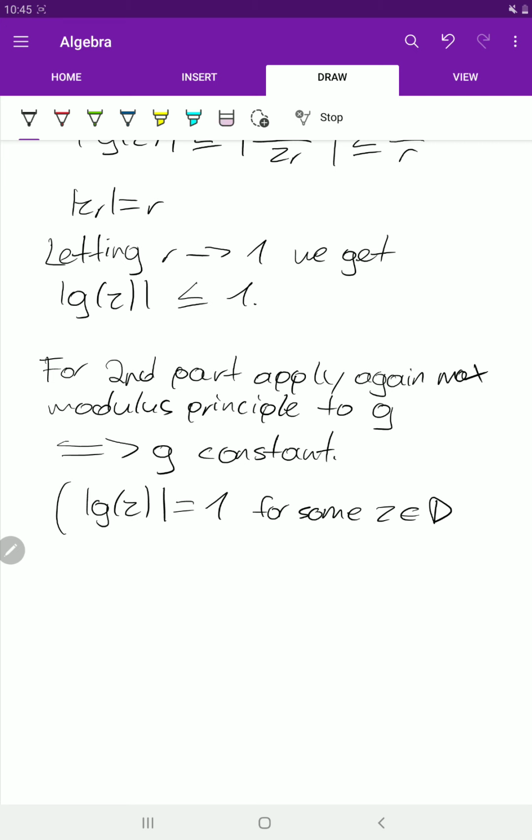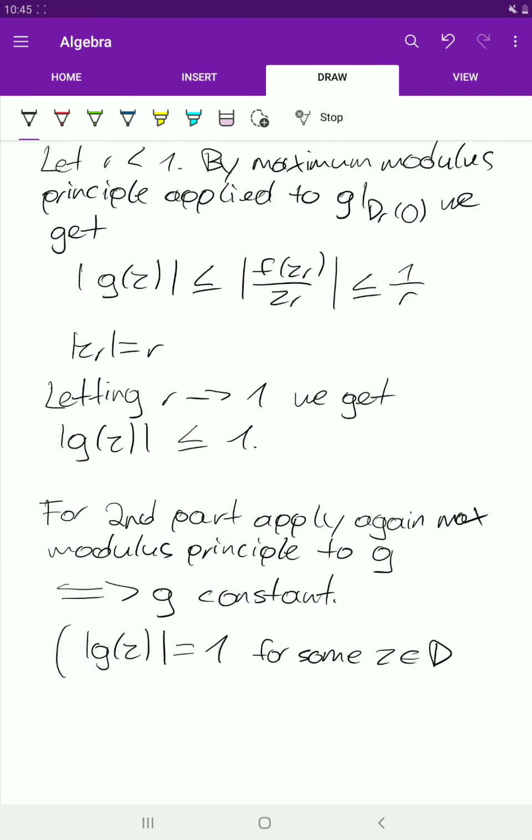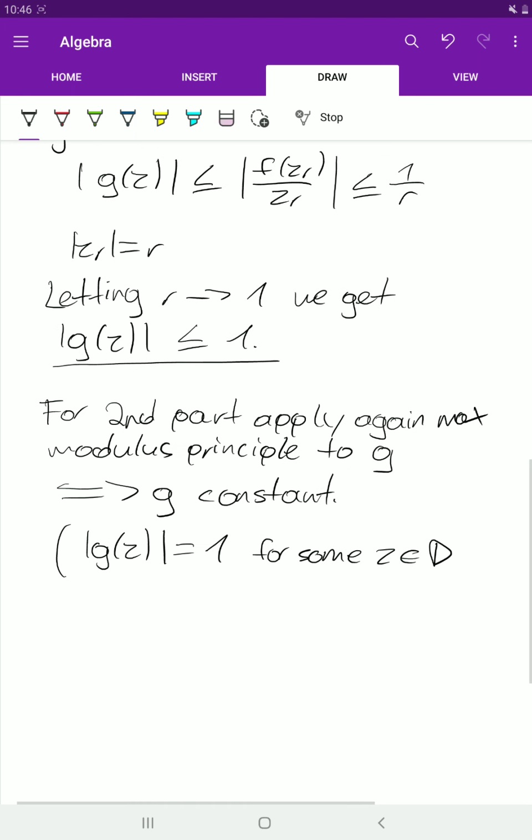And well, this is also the maximum, which we have in this inequality, but the maximum could just be attained at the boundary if it was non-constant. So it has to be constant as it's not attained at the boundary.